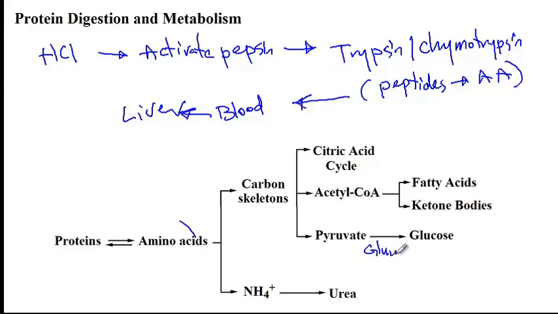So this is gluconeogenesis. And then acetyl coenzyme A, we already discussed, can be used for fatty acid production, for ketone bodies, and for the citric acid cycle. And so that's all for the carbon skeleton.